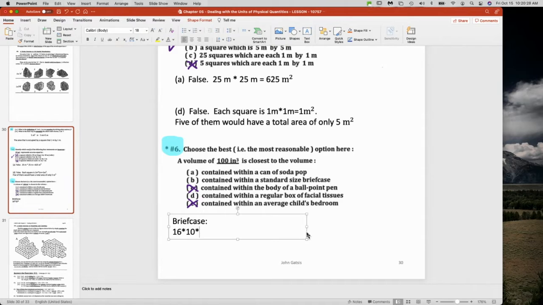So 16 by 10, and let's say the height of the briefcase. These are in inches, so let's put the units. I should do a better job of that. By the way, just on those two numbers, forget about the height. Even without the height, that's already 160. But if we add another, let's say 6 inches for the height, now we're talking a lot, right? That's 960. See that?